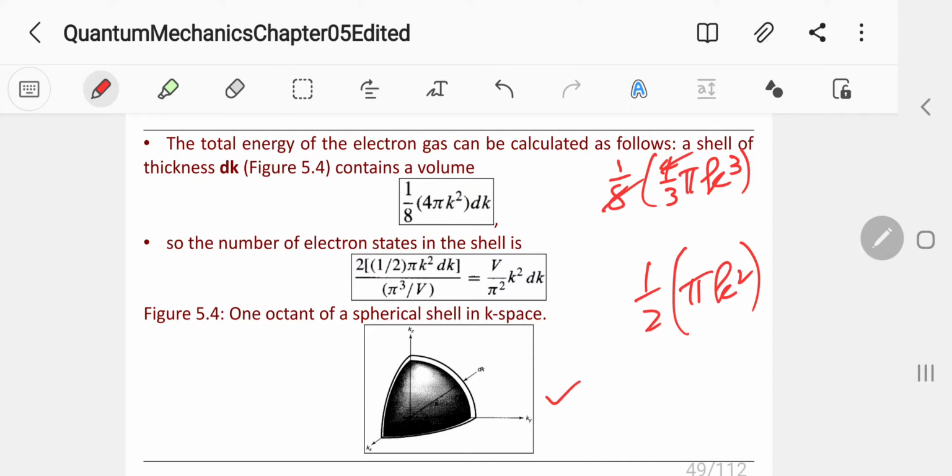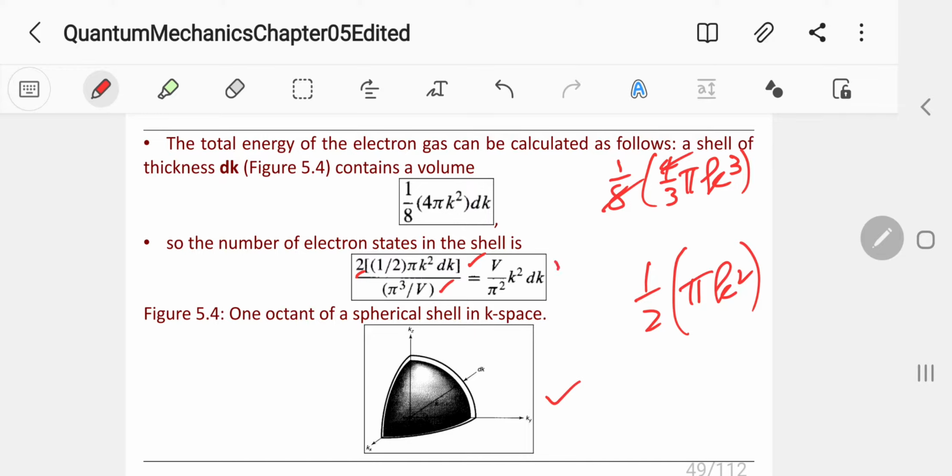So the number of electron states in the shell would then have a change of, so you have 2, because there can be 2 electrons in one state. And then you have this one here, the change in the volume, and this one is the volume of every state.